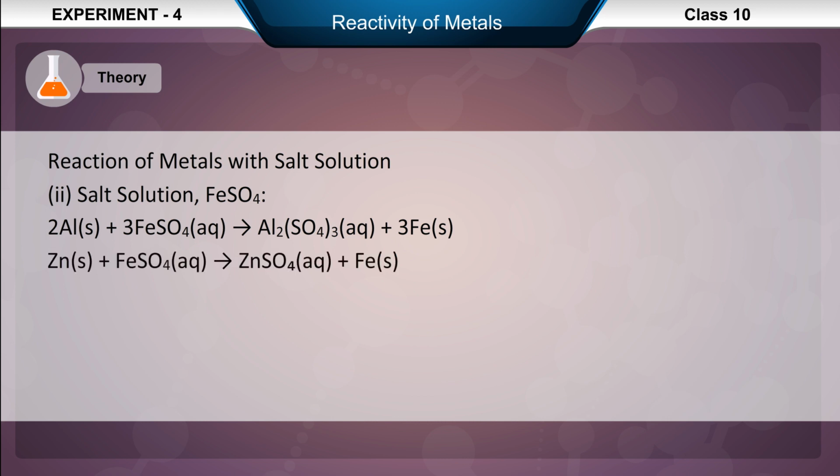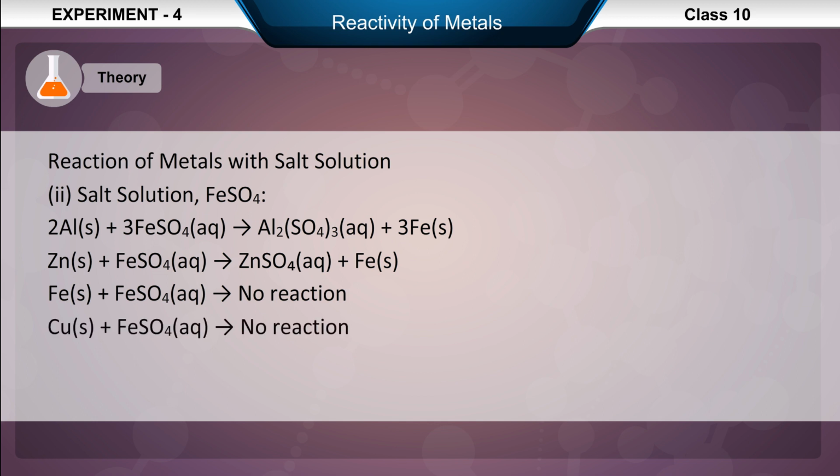Zn in solid state plus FeSO4 in aqueous state results in ZnSO4 in aqueous state plus Fe in solid state. Fe in solid state plus FeSO4 in aqueous state results in no reaction.